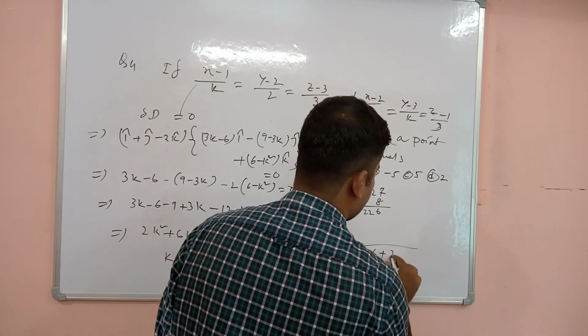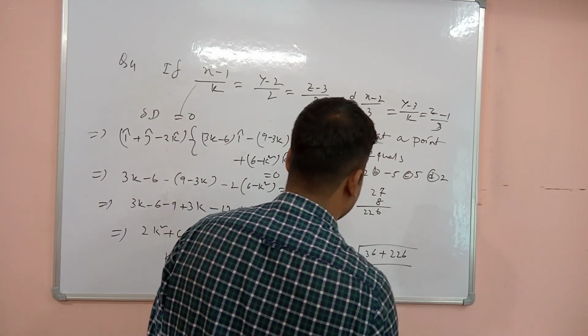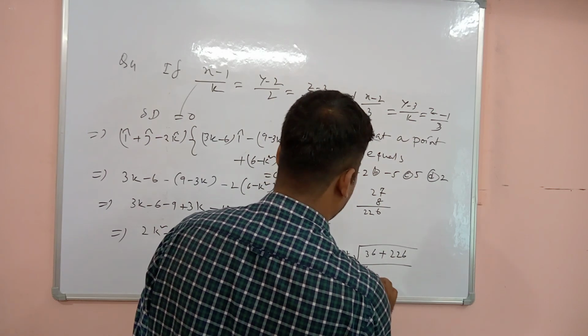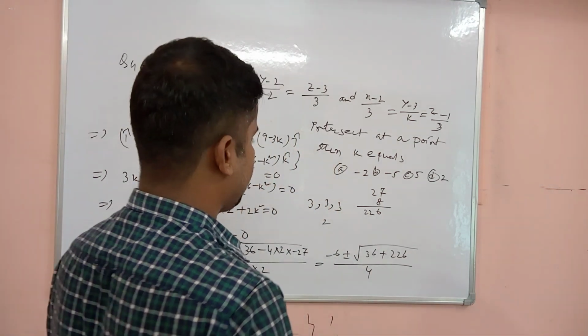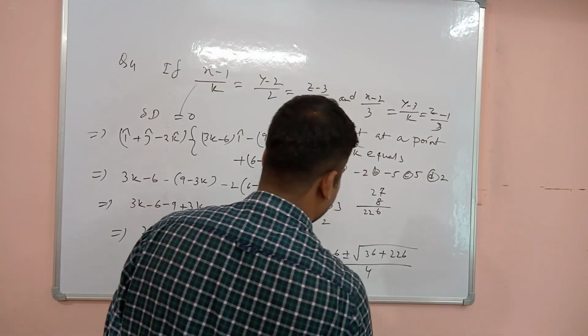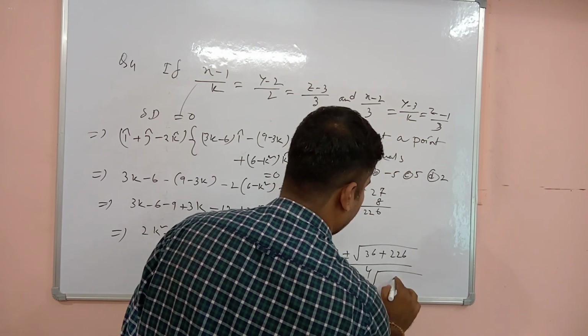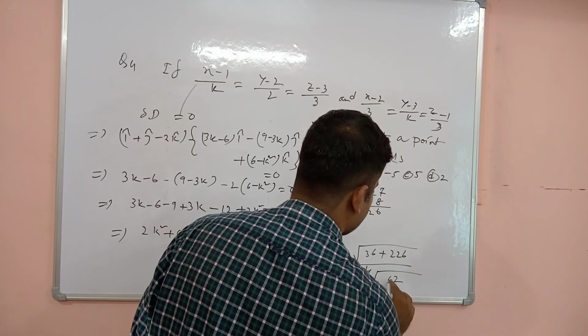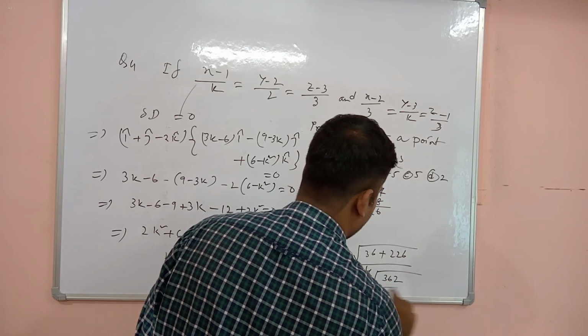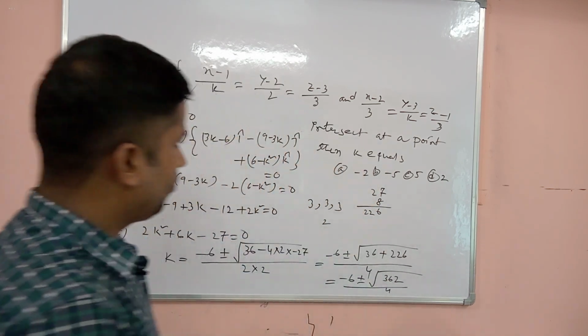So it is root 252 by 4, minus 6 plus minus 12, 6, 3 by 4.